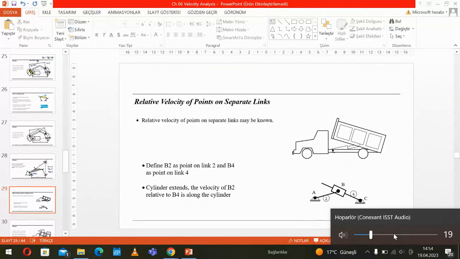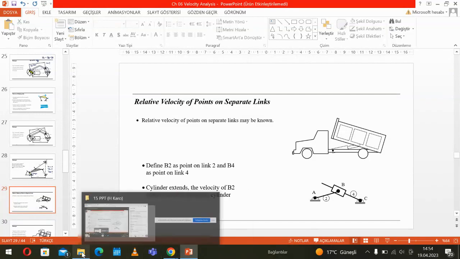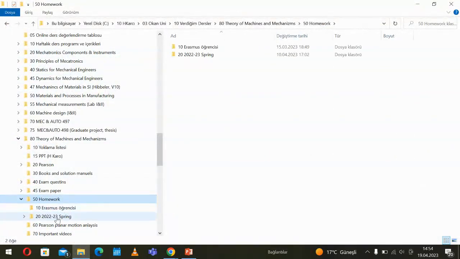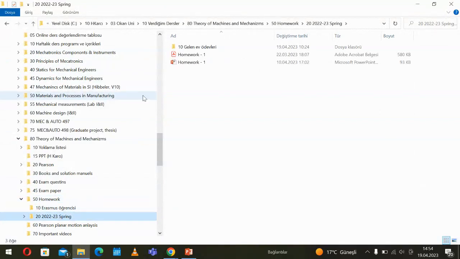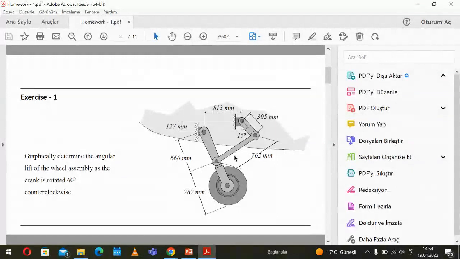Can you please open the file of the last homework? Which one? Okay, number 9.